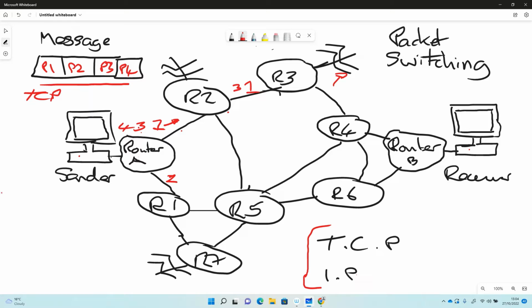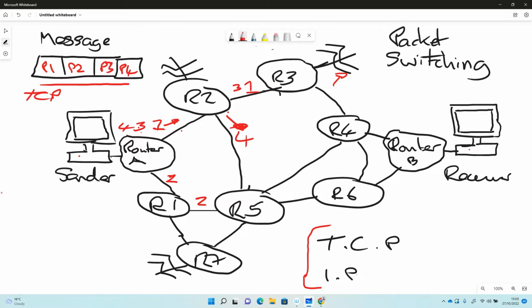Let's say it's still going with packet 3, but maybe packet 4 it decides it's going to send this way because perhaps this lane became busy. And it doesn't know the quickest route yet to get to router B. So packet 2 here has come to router 1, which could send to router 7 or router 5. So let's say that it also goes this way.